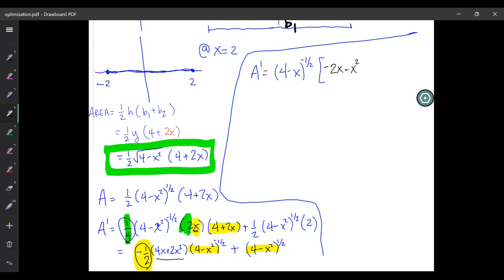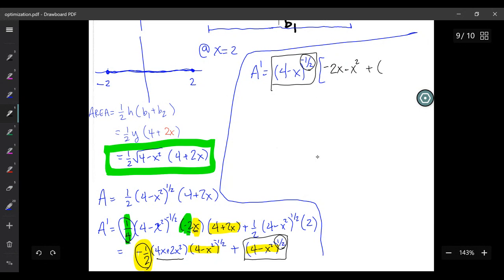Then if I pull out (4 minus x squared) to the -1/2 out of this, I'm going to just subtract the exponents. I'm going to end up with a (4 minus x squared) to the first power.